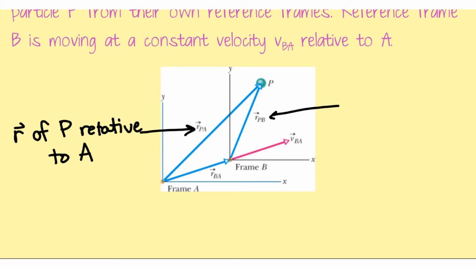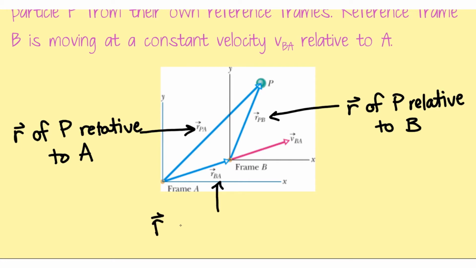So then RPB would be the position vector of P relative to B. And finally, RBA would be that position vector of B, the moving reference frame, relative to A, which is our stationary reference frame.